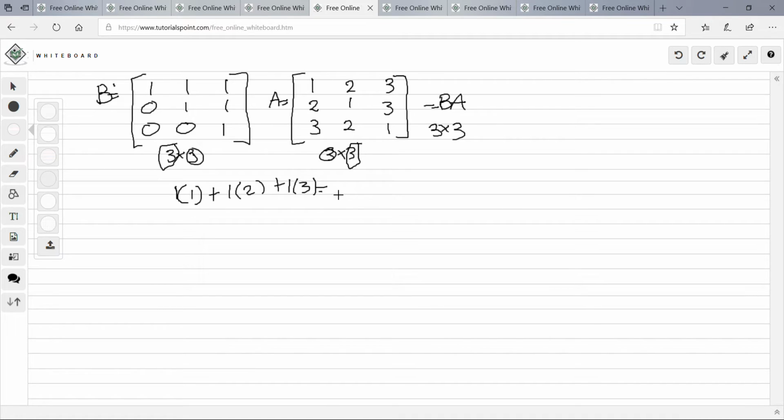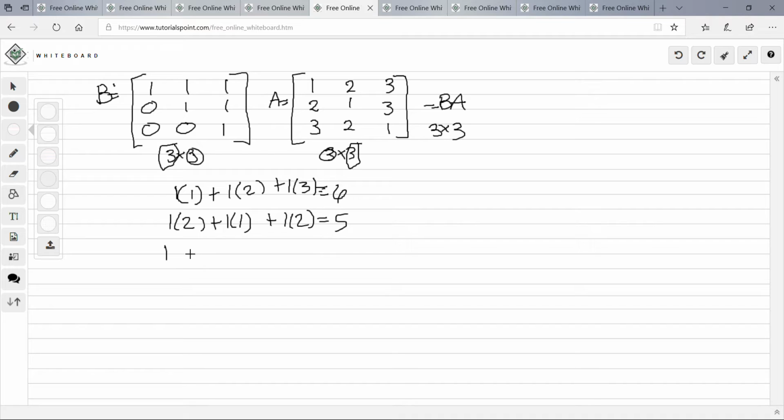That equals 6. And then 1 times 2 plus 1 times 1 plus 1 times 2. That equals 5. How I got that? I'm multiplying this by this column, and then now I'm multiplying this by this second column, and now I'm going to multiply this by the third column.